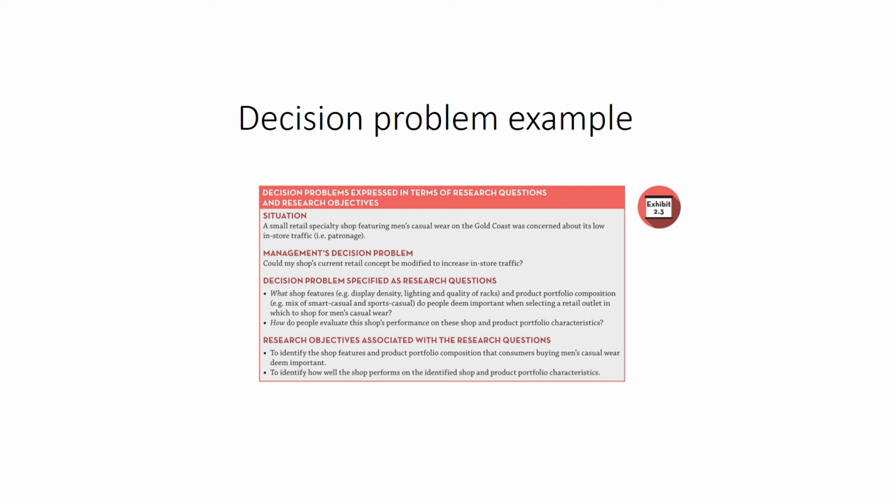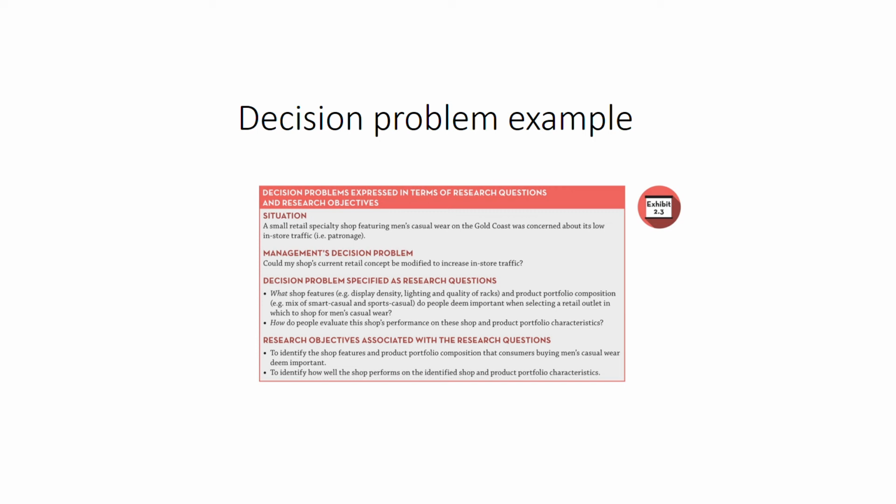What shop features and product portfolio composition do people deem important when selecting a retail outlet in which to shop for men's casual wear, and how do people evaluate this shop's performance? So there we see the two research words used, what and how. None of these research questions include more than one of these question words.